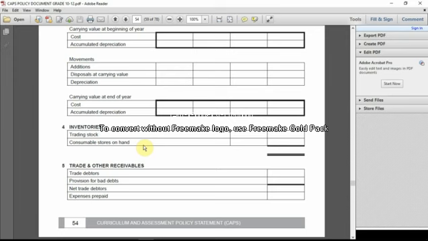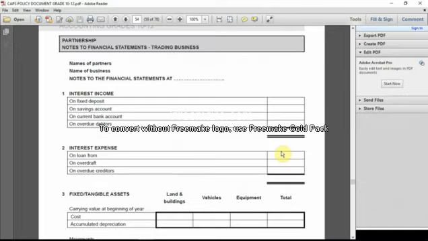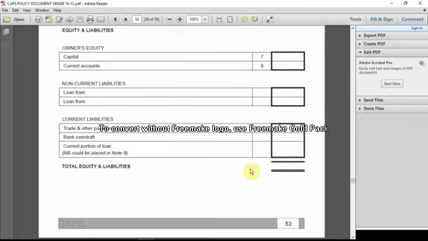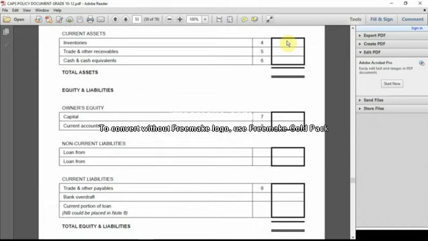We realize therefore that our expense for stationery is too high because it includes stationery we did not use. That stationery that we did not use becomes for one day an asset, namely part of inventories, namely consumable stores on hand. So we add trading stock and consumable stores on hand for a total, which we then again transfer to the face of the balance sheet for inventories.